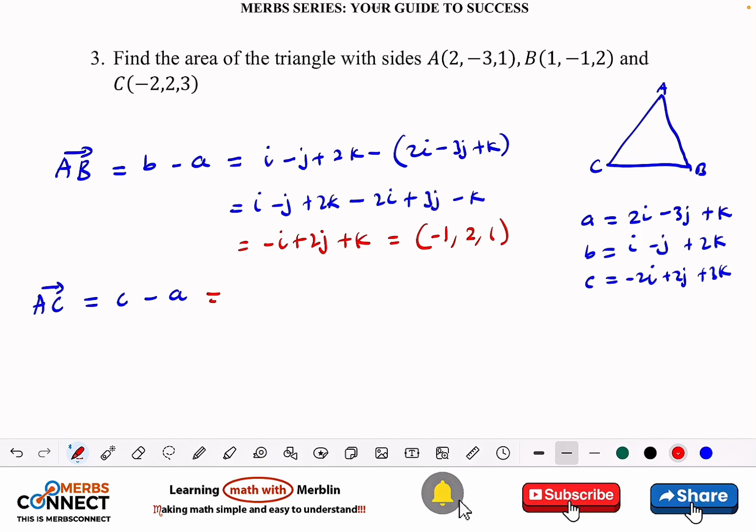Now vector AC is going to be minus 2I plus 2J plus 3K minus A again.